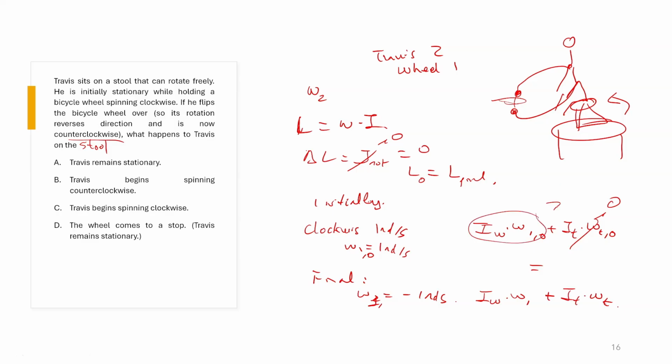Because this is positive and this is negative, say 1 and minus 1, the only way of making this work is to make this larger than 0. Because inertia is always larger than 0, omega Travis needs to be larger than 0. That means Travis needs to be spinning clockwise, because otherwise momentum would not be conserved. So, without the numbers, we can see clearly that the only answer is that Travis compensates, moving in the direction that the wheel was originally spinning. And that completes the midterm work.